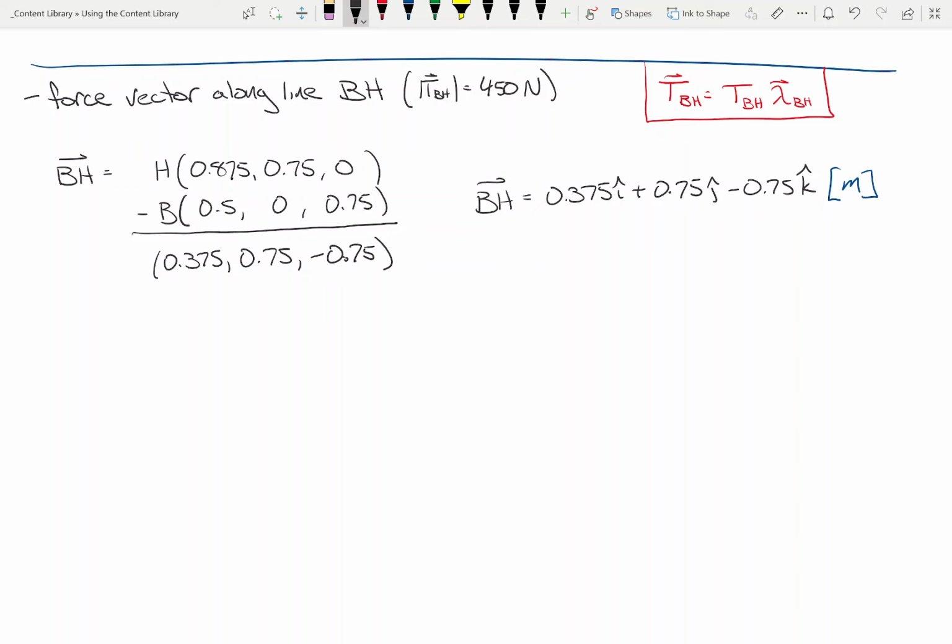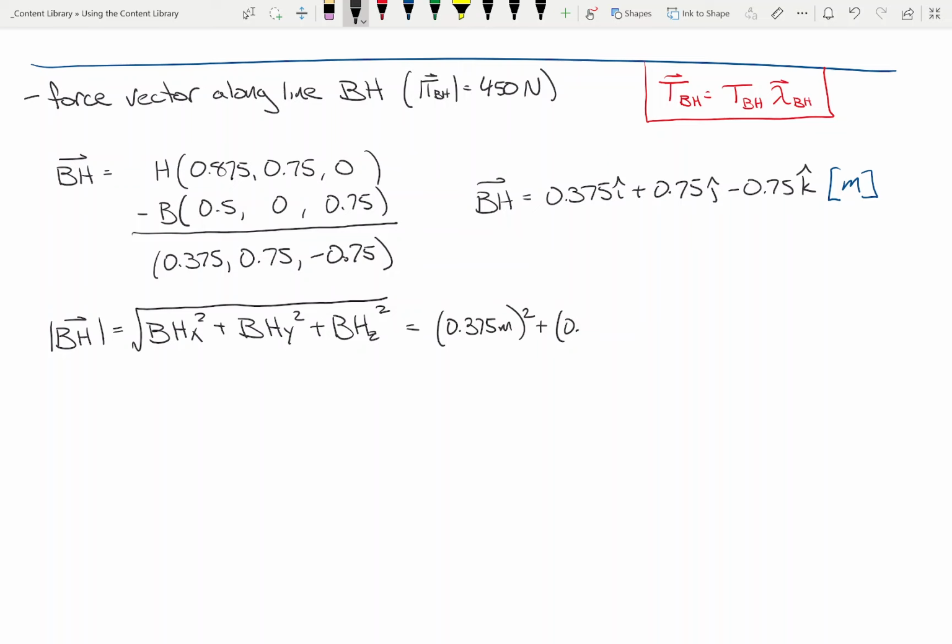Next step is to compute the magnitude of this vector, right? Divide by its own magnitude. I'll go ahead and do this one for you.